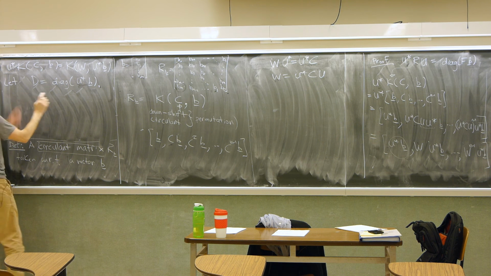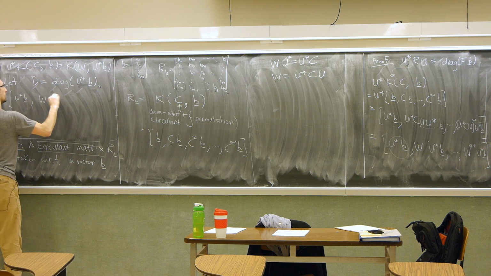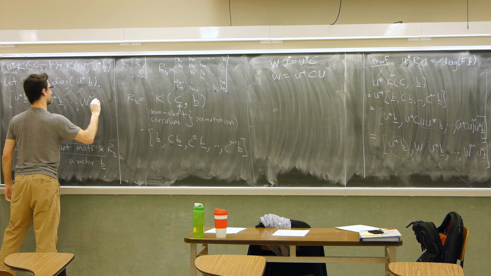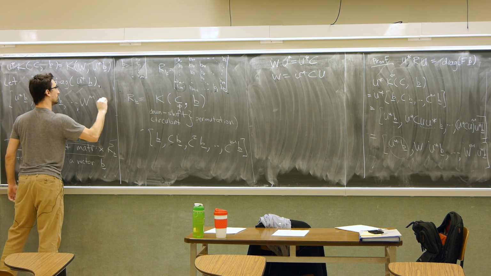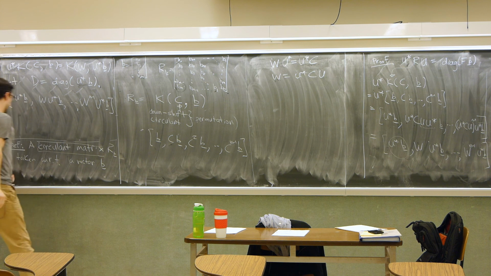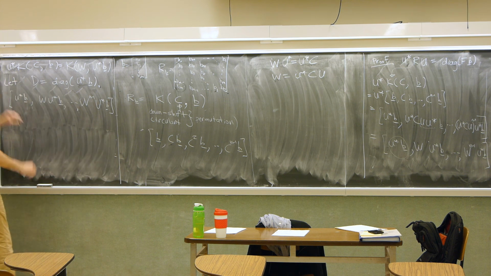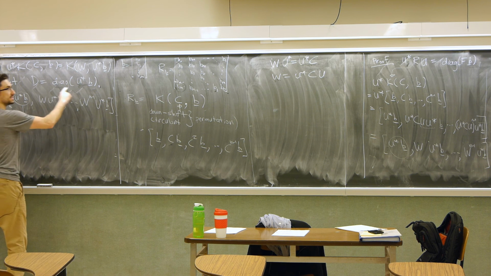Then really what we have here, everywhere we have this vector, instead I'm going to think of that as the vector of all ones times this diagonal.